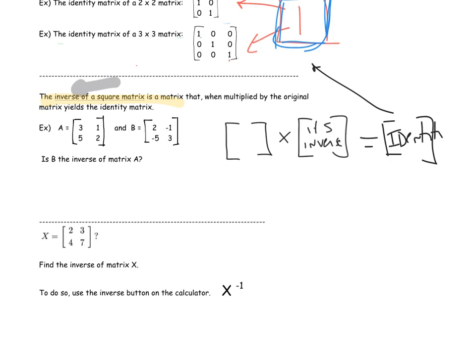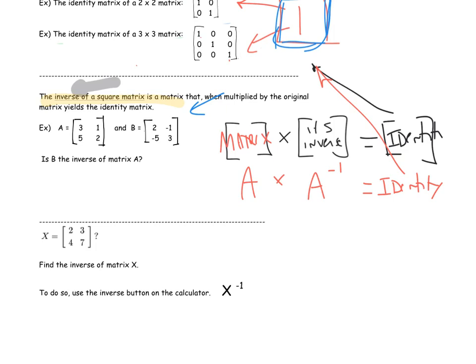So basically, if you take a matrix like matrix A, and you multiply it by its inverse, and it's the same symbol for inverse, the exponent of -1, you get the identity matrix, which we talked about up top here. So look at this first example. Is matrix B the inverse of matrix A?